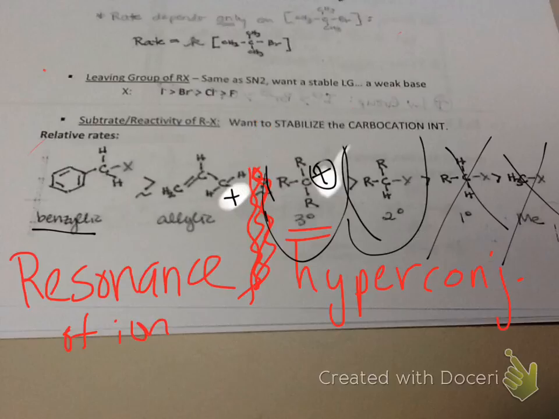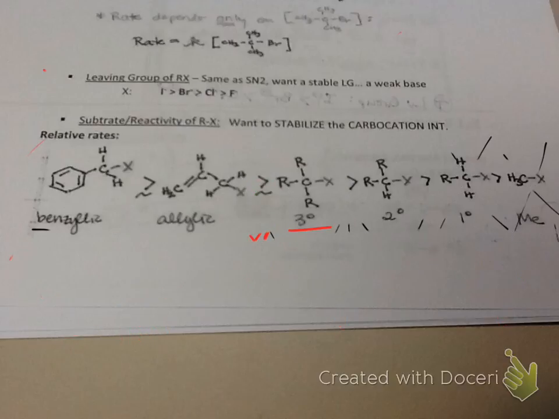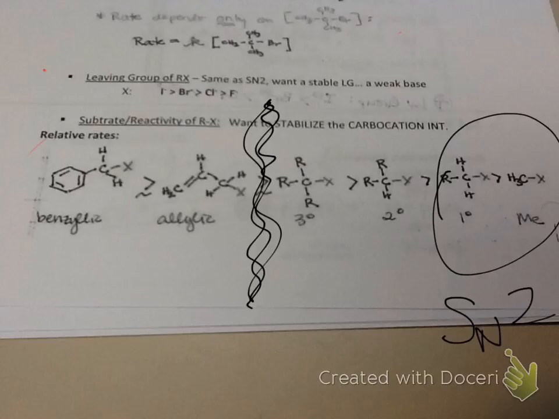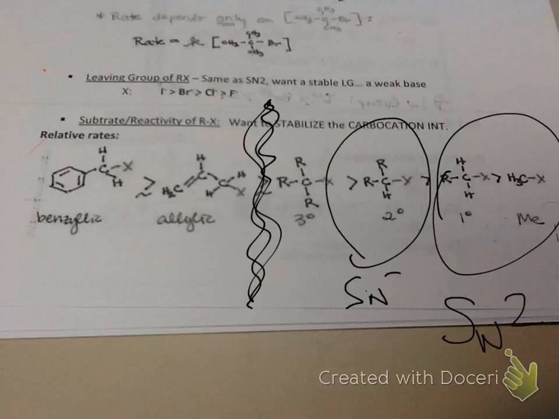Now, talking about tertiary versus secondary versus primary versus methyl alkyl halides. Remember, SN2 reactions favor methyl and primary alkyl halides, but SN2 reactions can also do secondaries. Well, it turns out SN1 reactions, because SN2s do not do tertiary alkyl halides, are favored with tertiary alkyl halides.